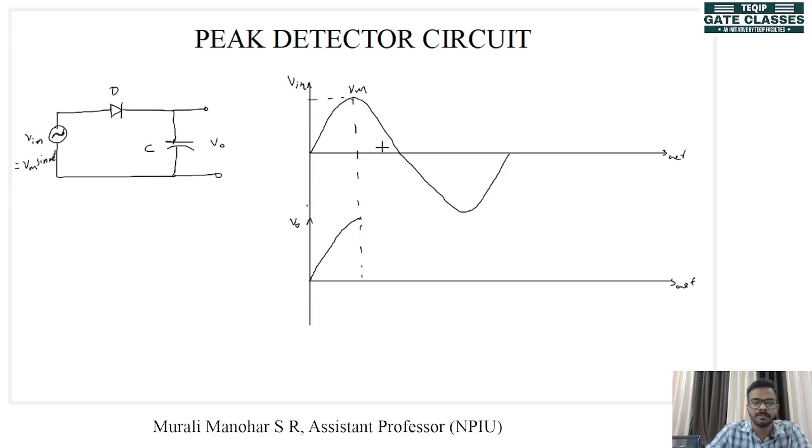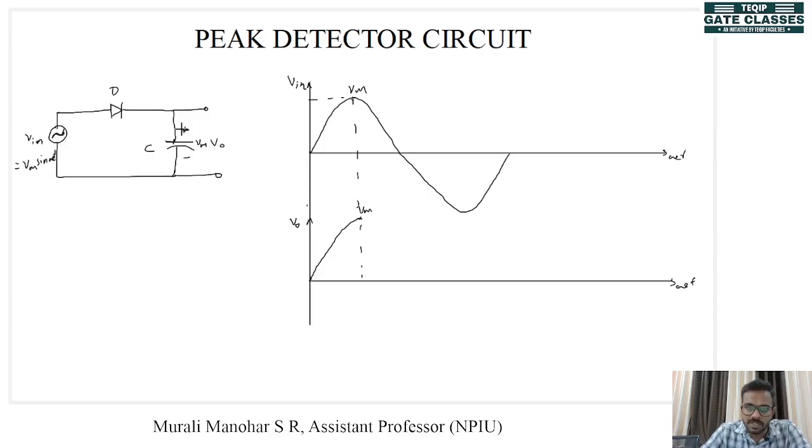This is Vm. So when the output voltage reaches, that is the capacitor voltage reaches Vm, what happens is, now this is Vm, right? Now the cathode of the diode is connected to Vm and the anode voltage is about to go below Vm, right?